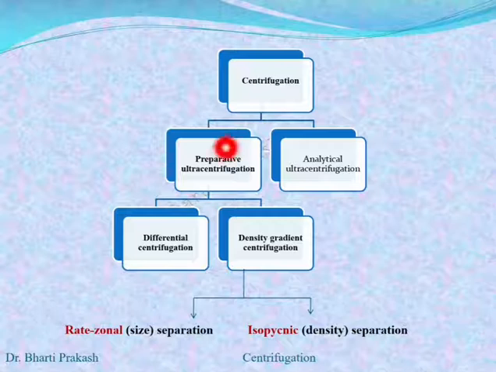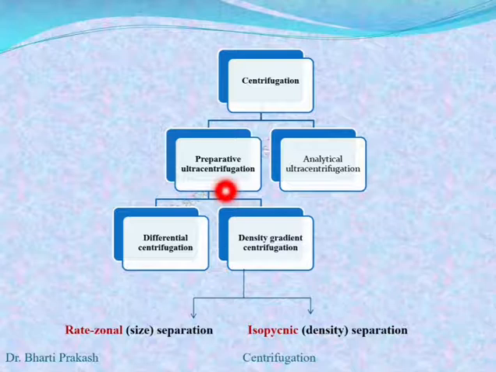If you remember, in the preparative ultracentrifugation, we studied that the rotors can spin to a maximum speed of 80,000 rpm, and they can produce a centrifugal field of up to 6 lakh gravity. They are equipped with a refrigeration unit, and the temperature in them can be monitored by infrared sensors.